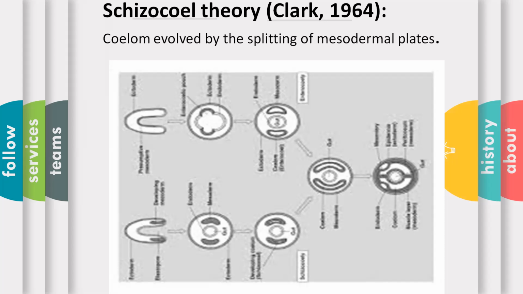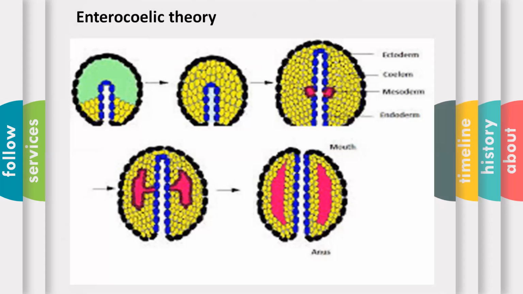Then the second question, which is normally asked in competitive exams, is in which group coelom evolved for the first time. Coelom evolved for the first time in Annelida, and in annelids the type of coelom present was schizocoelic coelom. And the next is the Enterocoelic theory, where the word enteron means gut.